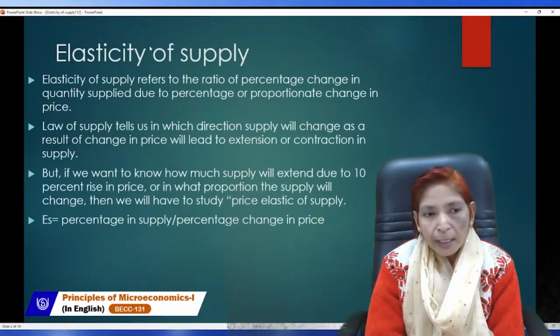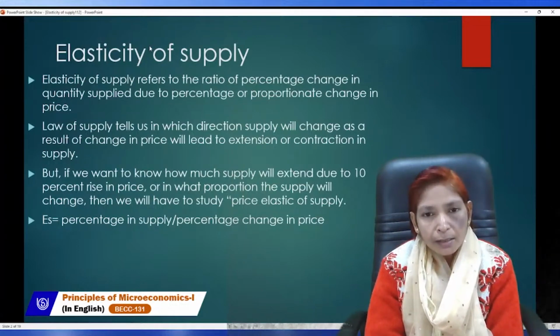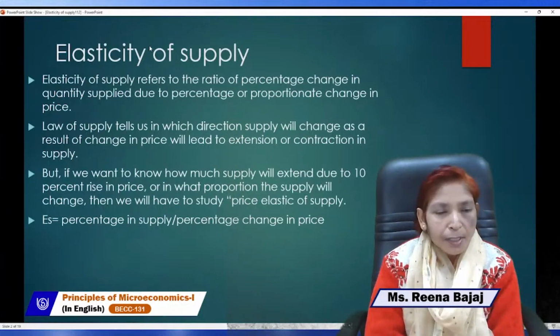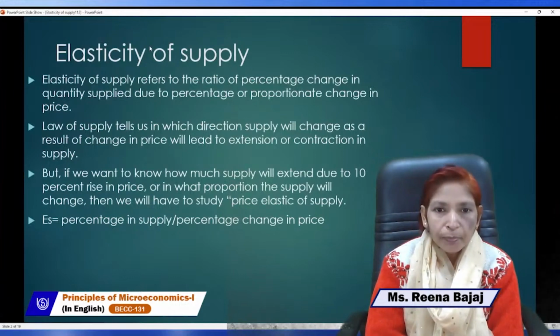Now, law of supply you have studied in the last session. Law of supply states that, other things remaining constant, price and quantity supplied are positively related with each other. Law of supply tells us in which direction supply will change as a result of change in price.